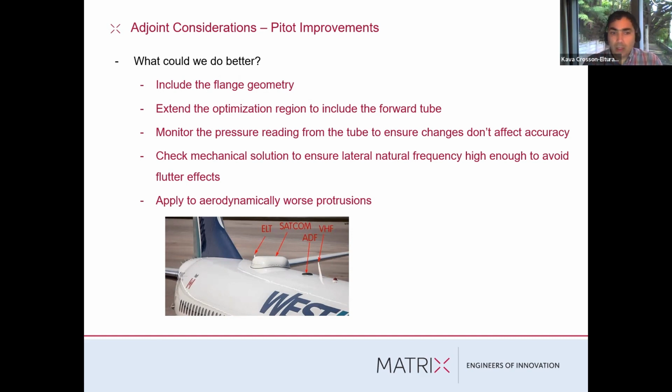And also apply this to worse protrusions. So there's an example here of the SATCOM antenna on a 737. Just looks terrible. Probably a lot of gains to be made there. Could be a lot more impactful than a small Pitot tube.